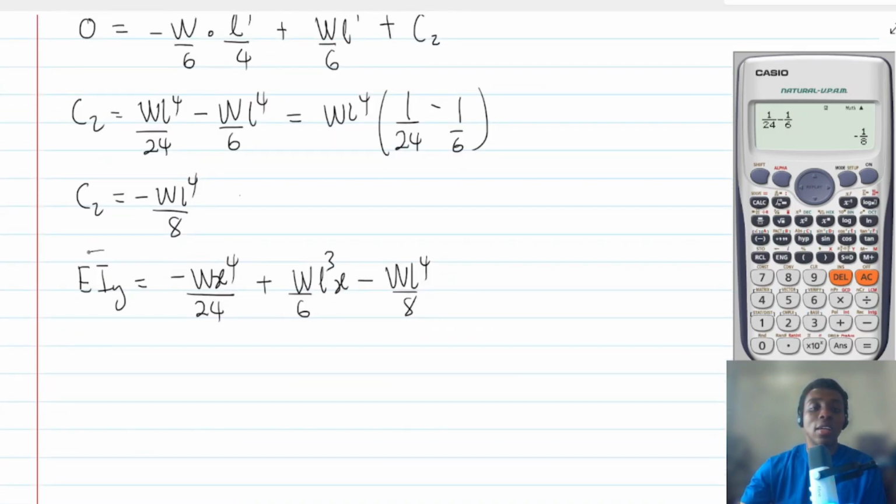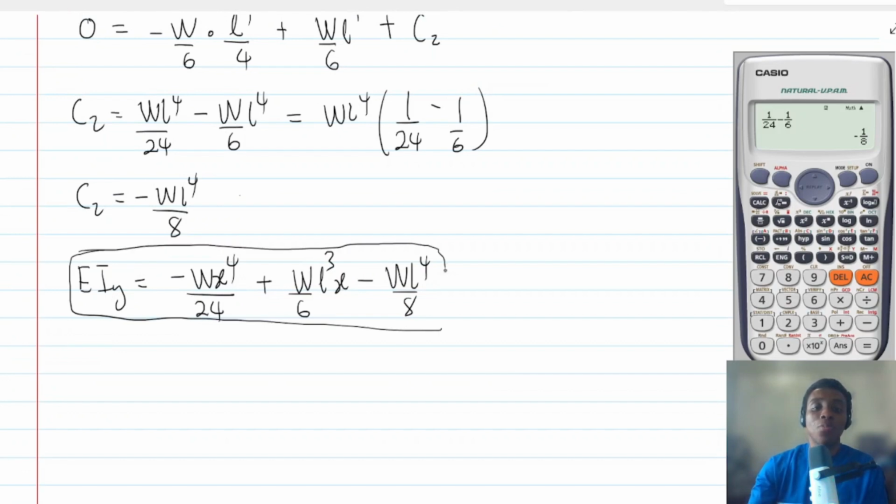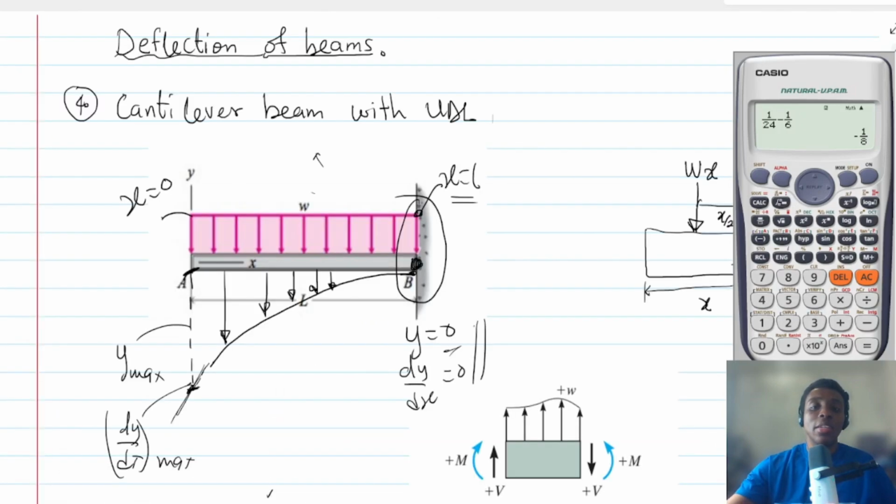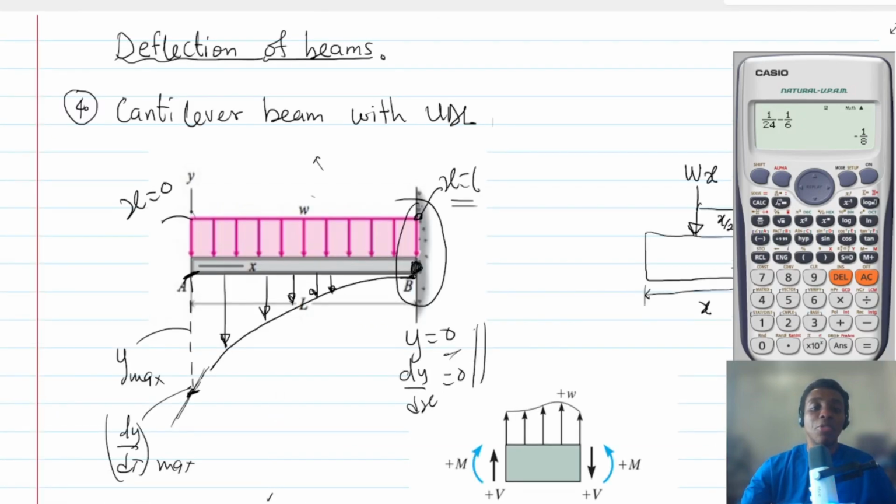At this juncture, I think we are good to go. So this is the deflection equation. Let's find the maximum deflection. At x equals 0, y equals Y max. We said that for a cantilever beam, the maximum deflection will occur at the free end.